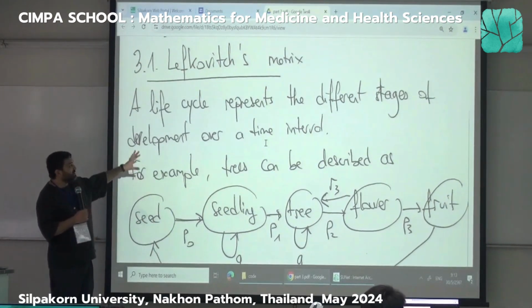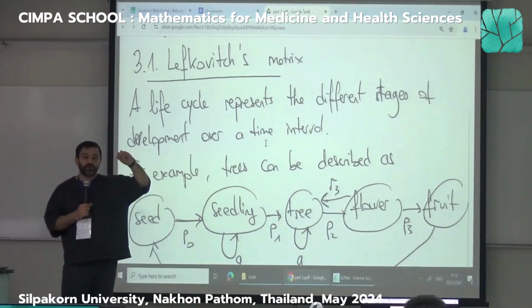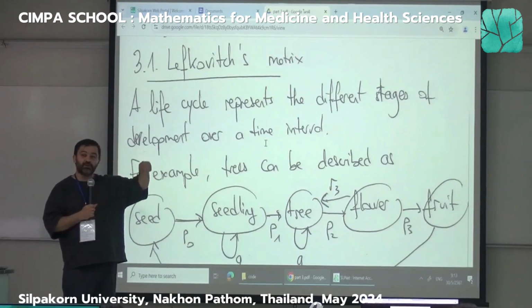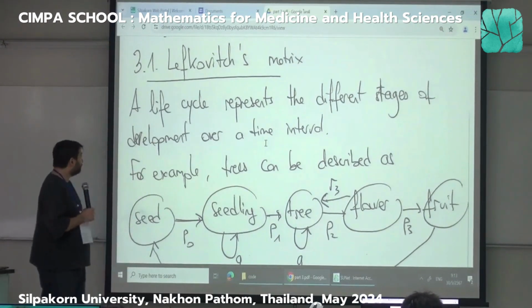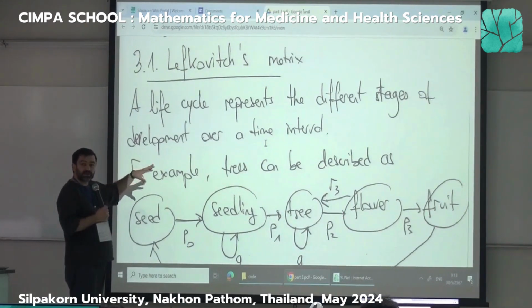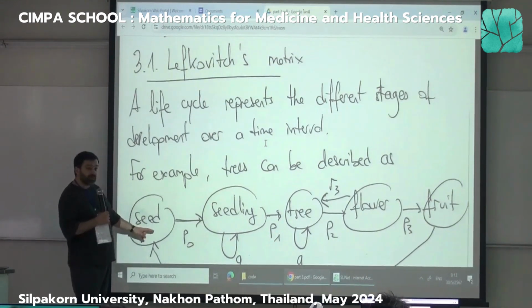If you remember this matrix, I told you the matrix is just a translation of what we call the survival table. The Leslie matrix is exactly the same, but instead of the survival table, you have the life cycle. Here is the simplified life cycle of a tree or a plant.